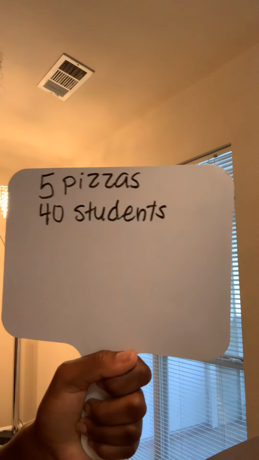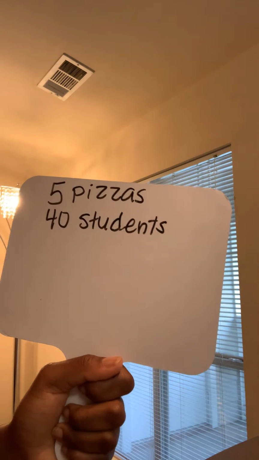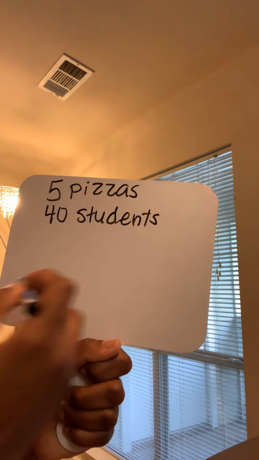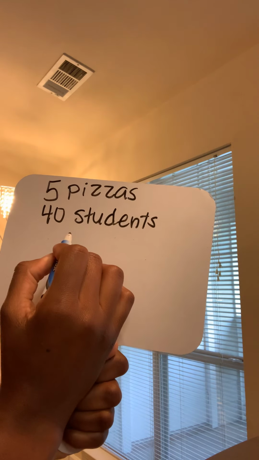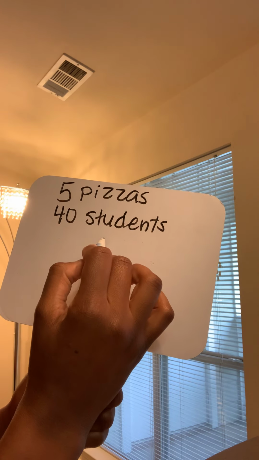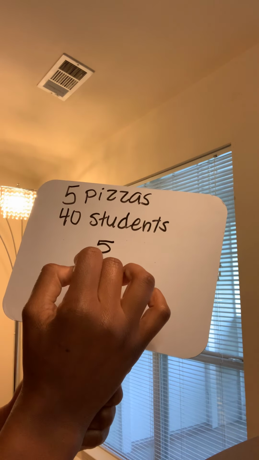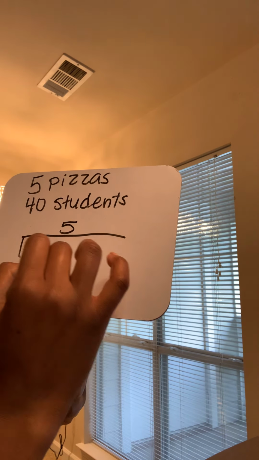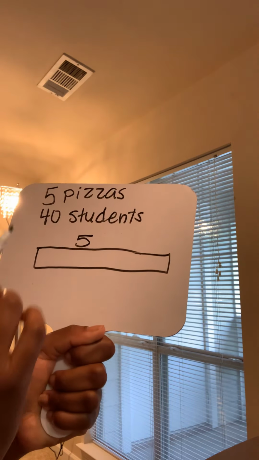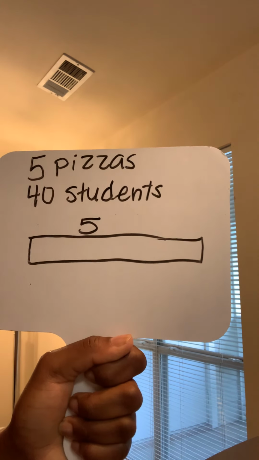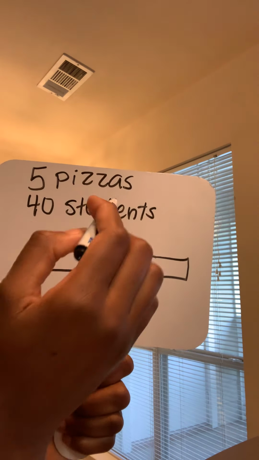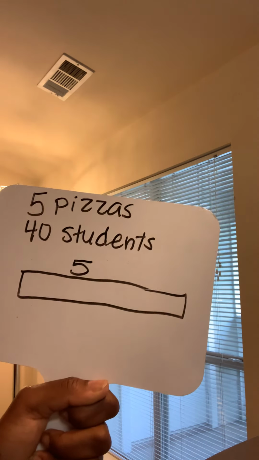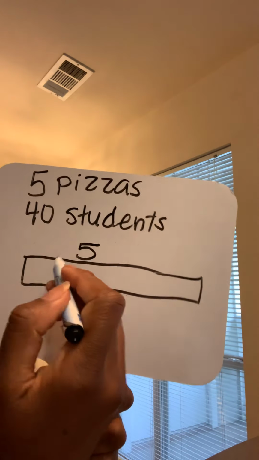But we're going to start with that first step, which is drawing out that tape diagram with our units. So we know that we've got a total of 5 pizzas. So that is what our piece of tape is going to represent, these 5 pizzas. All right. Then these 5 pizzas are being split up between a total of 40 students. All right.